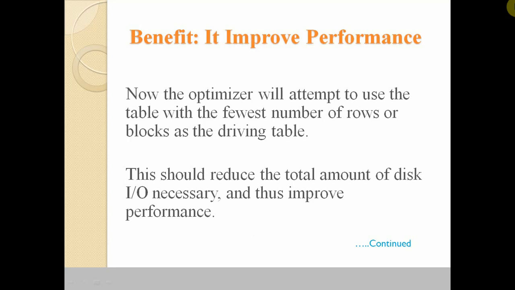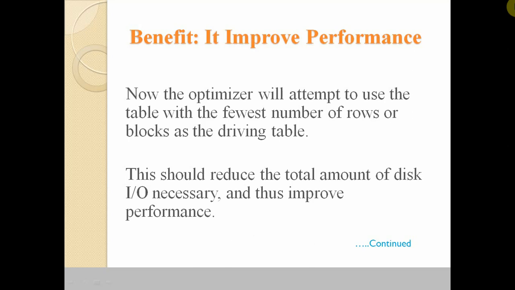So after analyzing the table, whenever Oracle gets its information, it will attempt to use the table which has the fewest number of rows and blocks as the driving table for the joining condition.